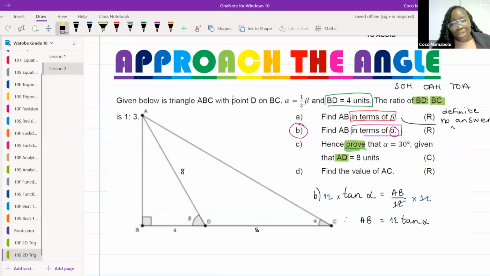I must use something else to figure out that it is, right? So I must prove it. I can't use it. The only thing I can use is what I've been given. I've been given that AD is equal to 8 units. Now, look at what's happened here. They've given us AD over here, but they want us to prove that angle.